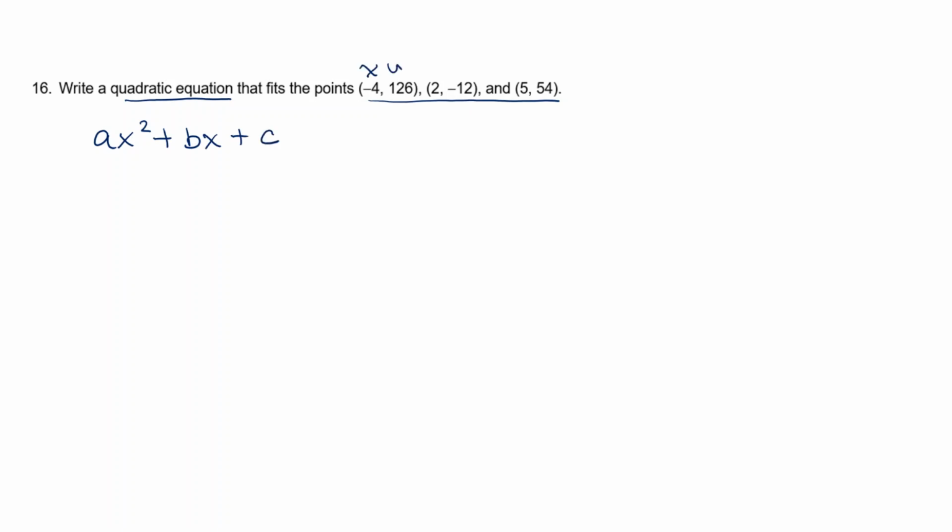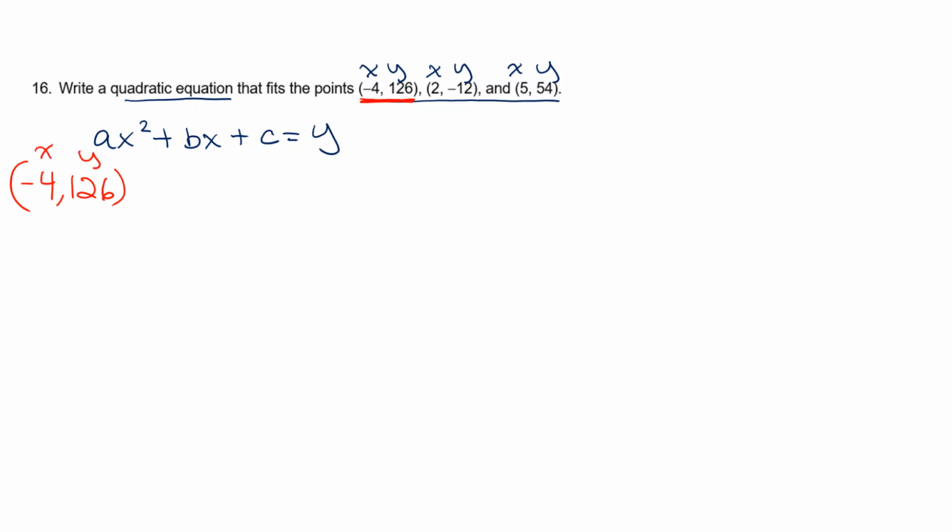Now I'm given an x and a y, an x and a y, and an x and a y. So ax squared plus bx plus c, we're going to set that equal to f of x, and remember, f of x could also be y. Now I'm going to take each of my terms. My first coordinate is negative 4, comma, 126. So this is my x and this is my y.